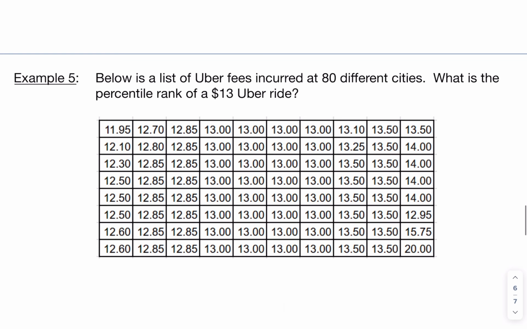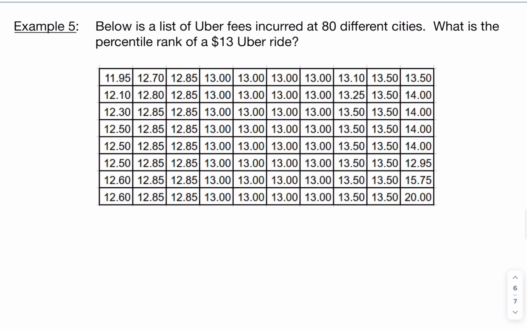Now let's move on to the last example here. Here we have a list of Uber fees that are incurred at 80 different cities in the United States. And the question is, what is the percentile rank of a $13 Uber ride?